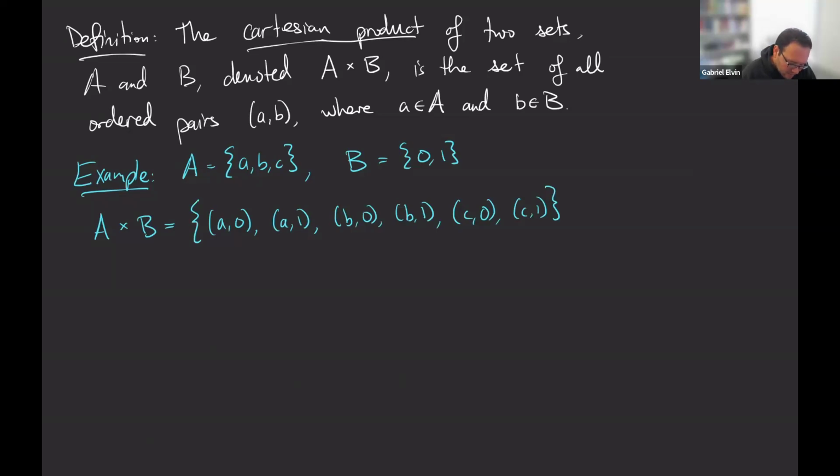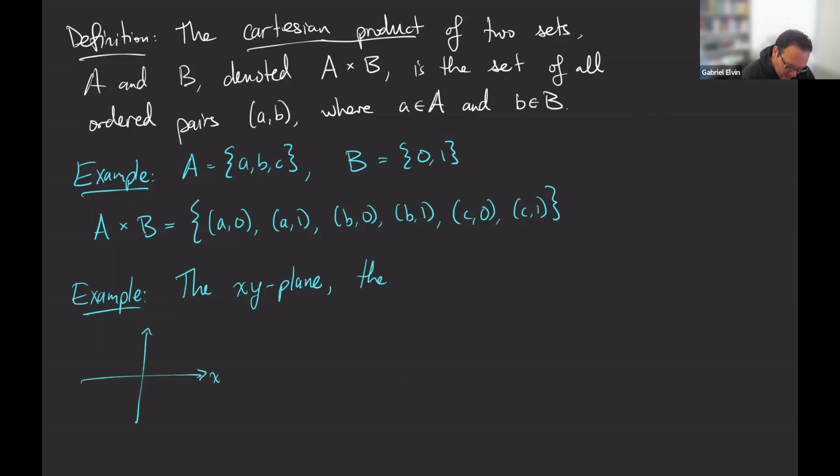And so another example that you are surely familiar with, but maybe haven't seen it like this, is the XY plane, also sometimes called, not coincidentally, the Cartesian plane or Cartesian coordinate system. The XY plane is a Cartesian product. What is the XY plane? It's just this thing.